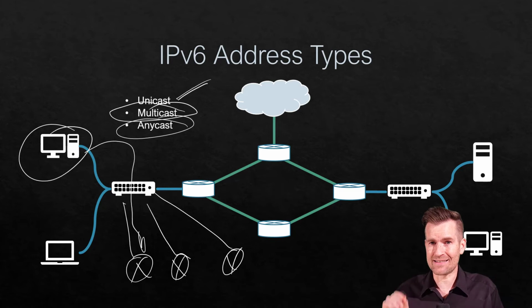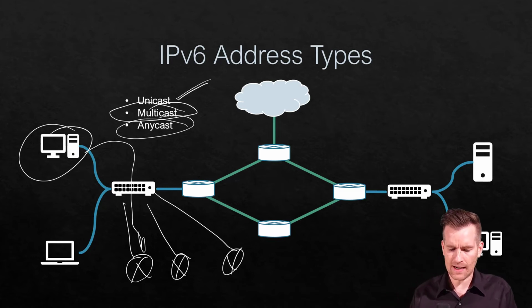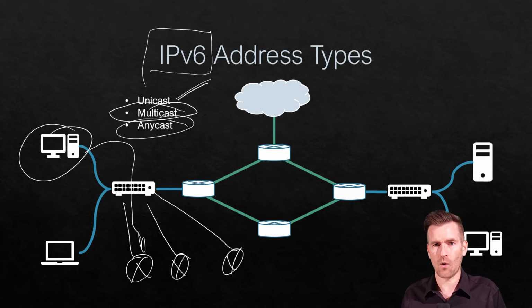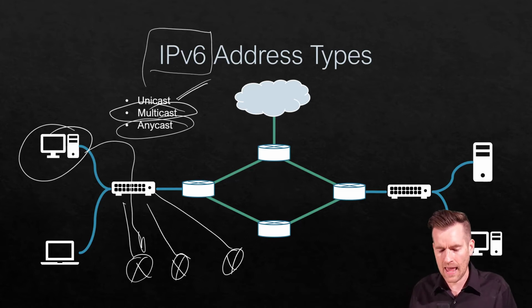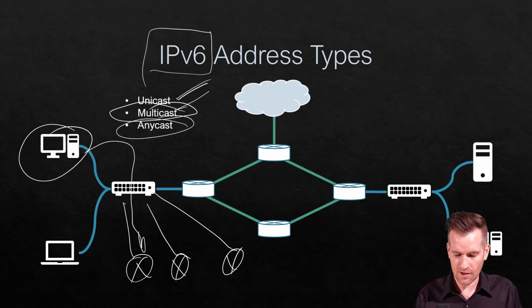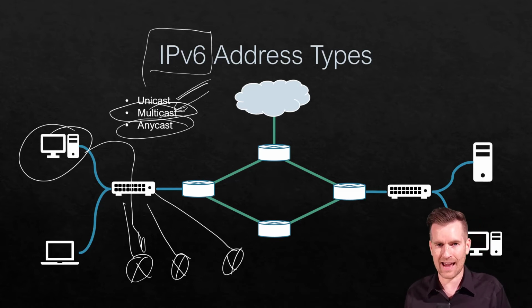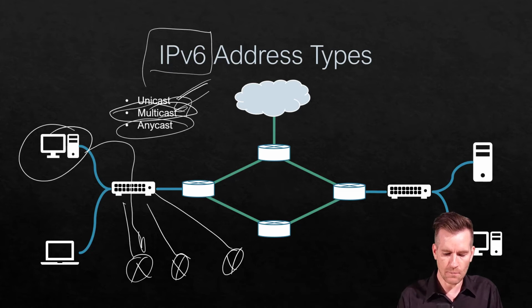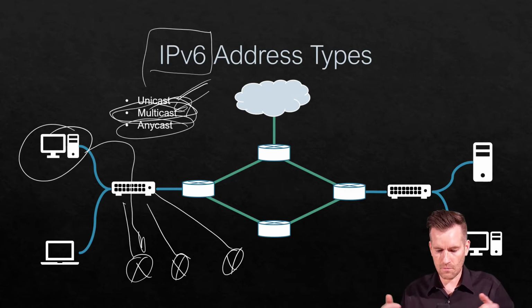Notice that there is no broadcast. So within IP version 6, broadcast has pretty much gone away. There is no broadcast address that gets sent out to all devices. However, there is a multicast address that can look much like a broadcast, meaning that most devices are going to subscribe to that multicast address.